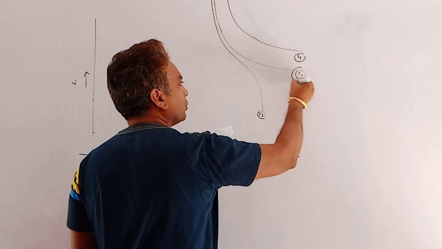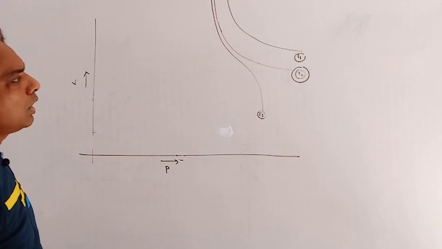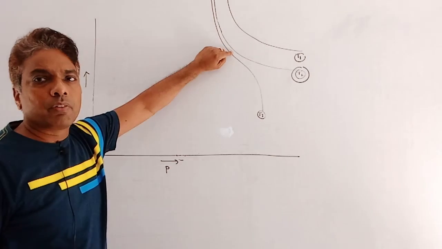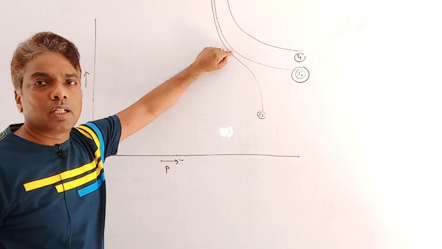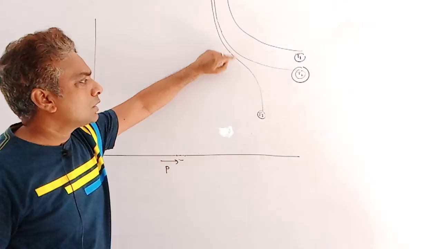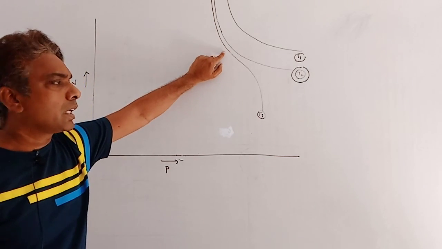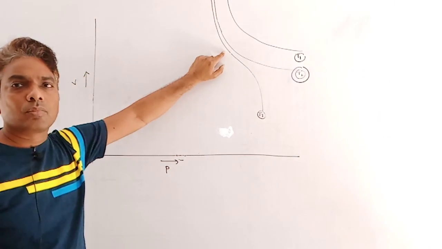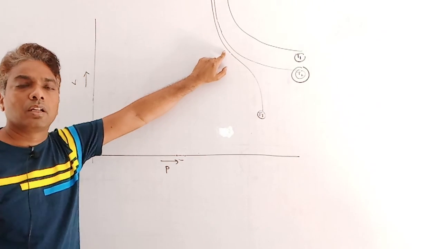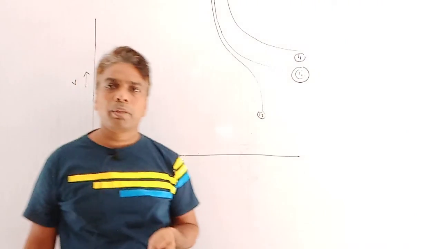So at temperature T2, the rectangular hyperbolic variation shows that CO2 behaves as ideal, but below the temperature T2, the graph is not rectangular hyperbolic, so it shows CO2 acts as real. And if CO2 acts as real, then by using pressure it can be liquefied.